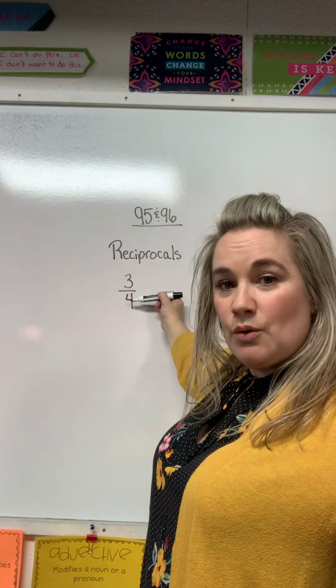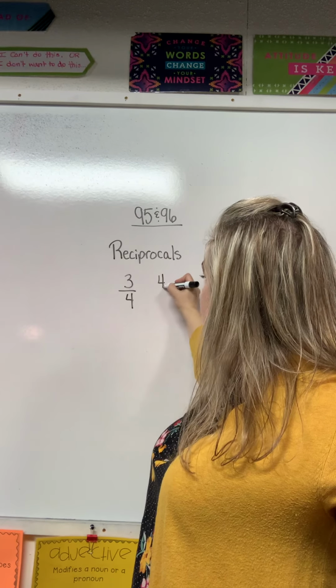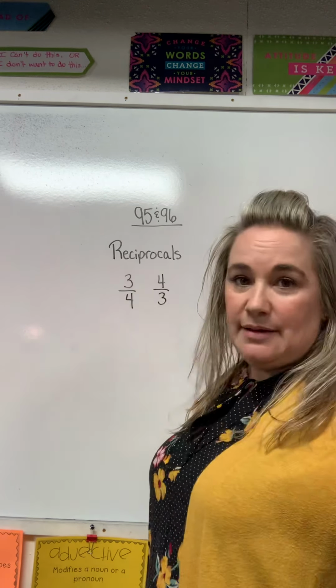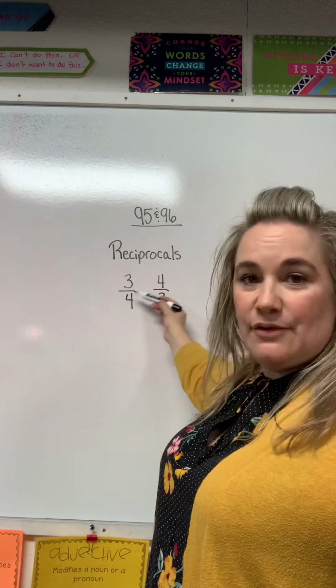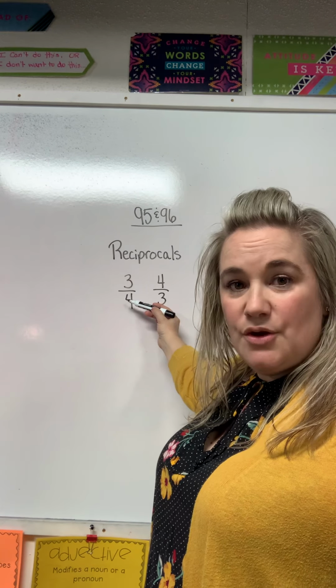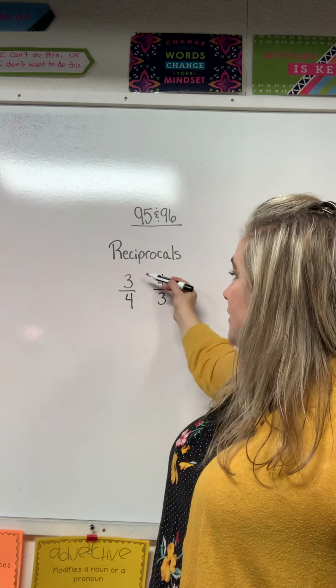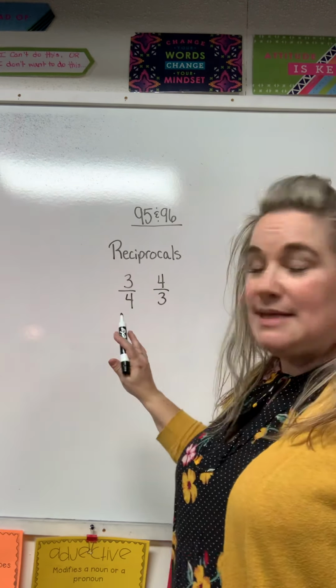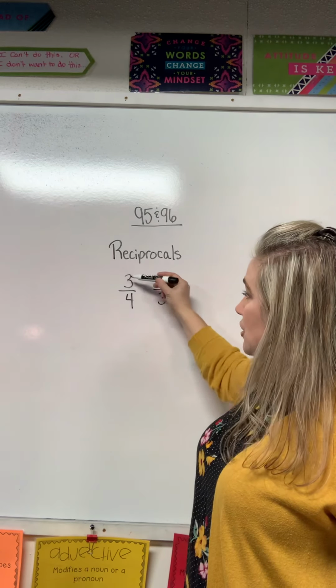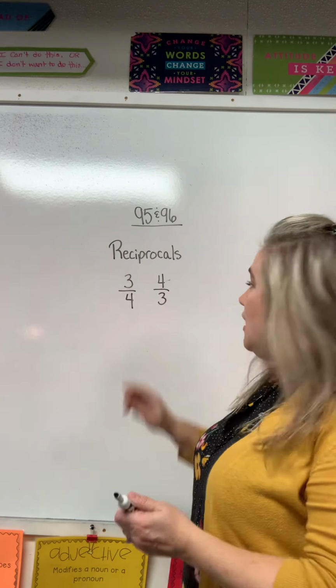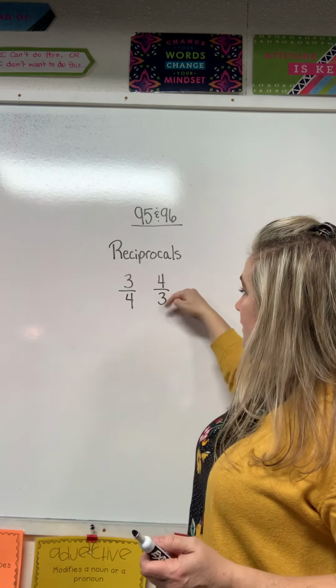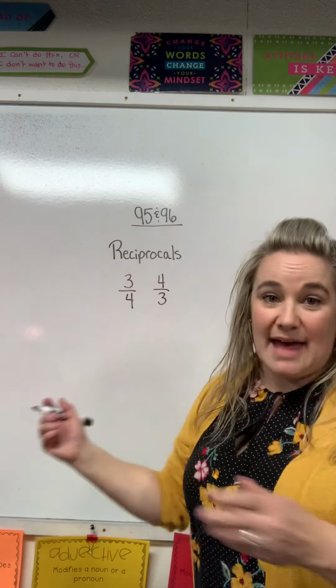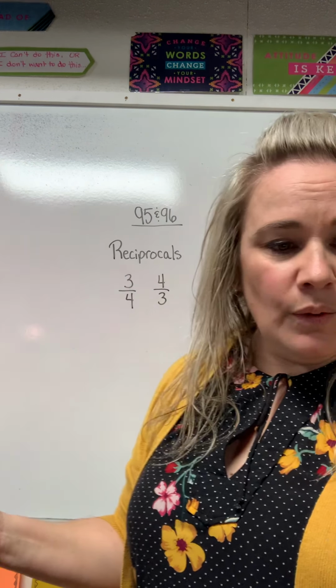If I switch them around and make it 4/3, I've now made an opposite fraction or an inverted fraction, and this is the reciprocal of 3/4. All the reciprocal is, is when I invert these two numbers, flip the terms of my fraction and make it the opposite.